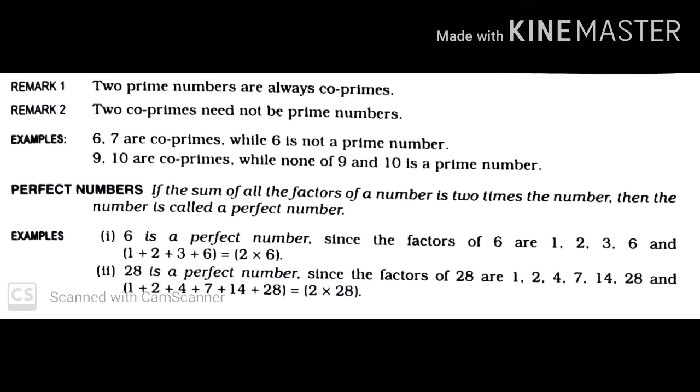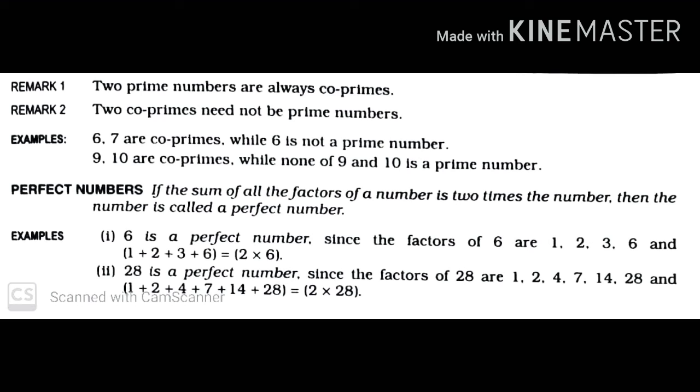A very important point to remember is that two prime numbers are always co-prime, but two co-prime numbers need not be prime numbers. For example, 6 and 7 are co-prime, but 6 is not a prime number. 9 and 10 are co-prime, while neither 9 nor 10 is a prime number. They are composite numbers.